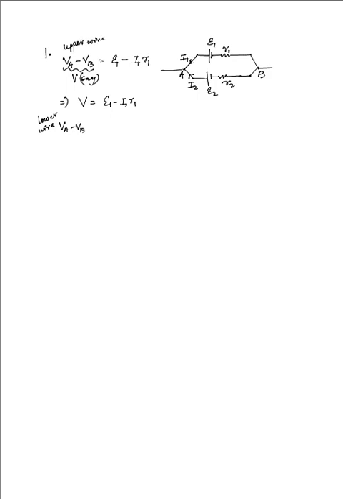And for the lower wire, VA minus VB will be giving me the value E2 minus I2 times R2, that is the current that is flowing through it multiplied with the internal resistance, and that too is equal to V. So considering this, we have V equal to E2 minus I2 R2.